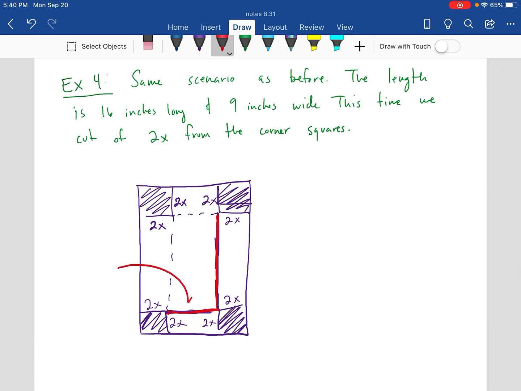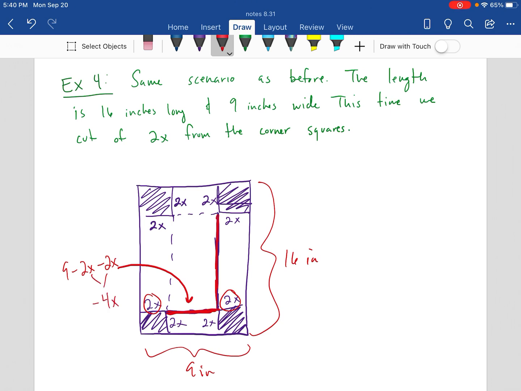Okay, similarly like before, to find my width, I know that the whole thing measures 9 inches and the whole length measures 16 inches. So my width, after the squares are gone, is going to be 9 minus 2x, and minus another 2x, because I have 2x on each side. Combine your like terms, you get 9 minus 4x.